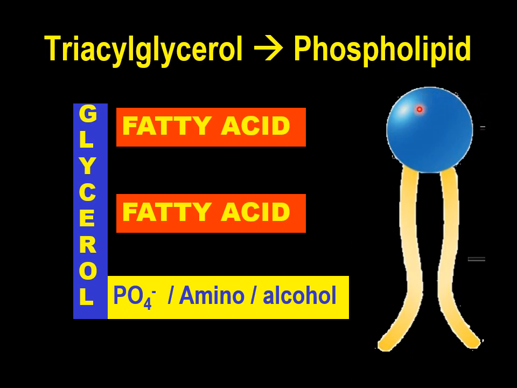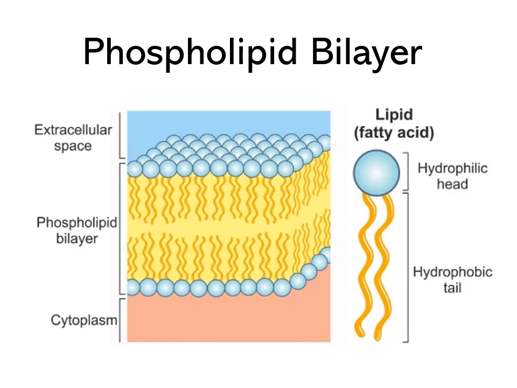The blue circle represents the water-soluble phosphate end, and the 2 squiggly lines represent the 2 remaining fatty acids, which are hydrophobic, not water-soluble. If you placed phospholipid molecules in water, they will spontaneously form a bilayer.